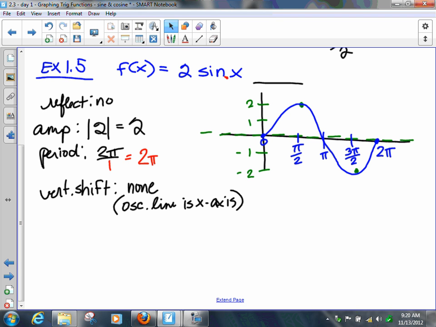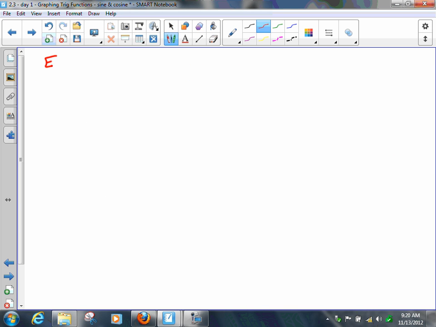Let's look at example 1.6. Because if we have a 1.5, we have to have a 1.6, of course. And y'all, the easiest one to look at is the sine curve. Why is that the easiest one to work with?